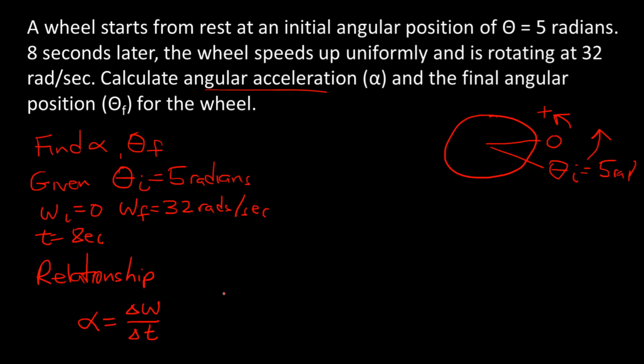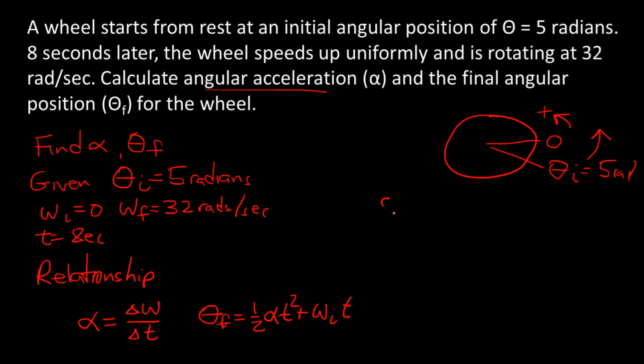It looks like I'm going to know time, I'm going to know my acceleration, and I'm going to know my initial position. I can probably figure out my final angular position. With just a slight change of that one formula we have, I can say that my final position is equal to 1/2 alpha t squared plus omega initial times t.